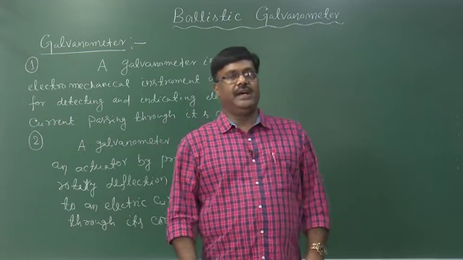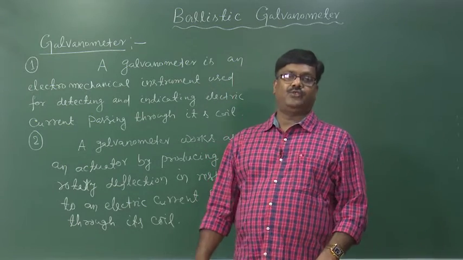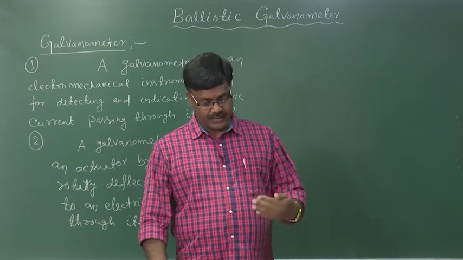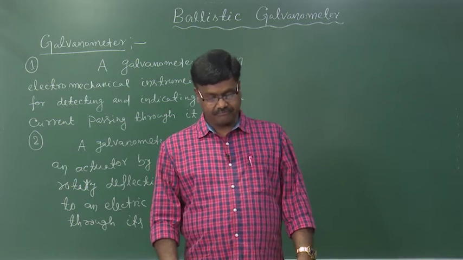So, galvanometer acts as an actuator by producing a rotary deflection in response to an electric current passing through its coil.